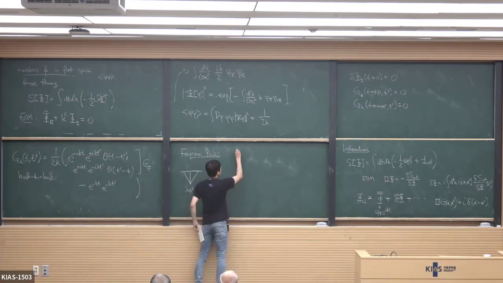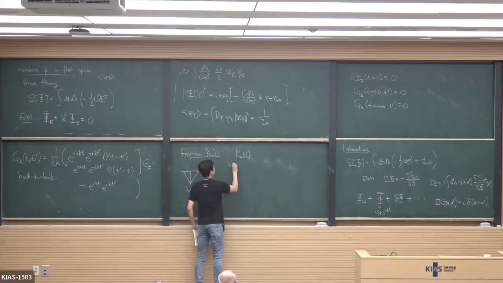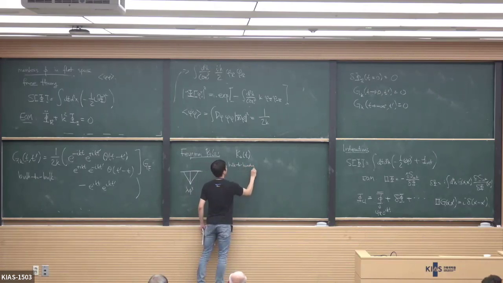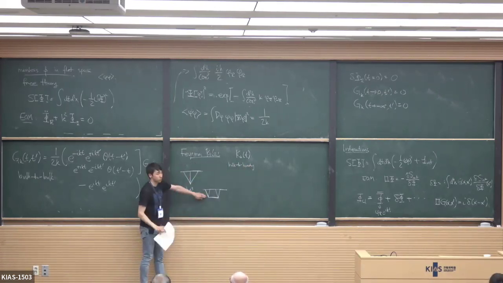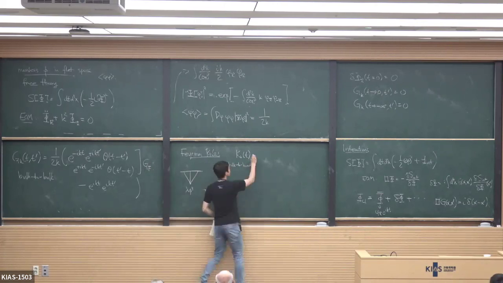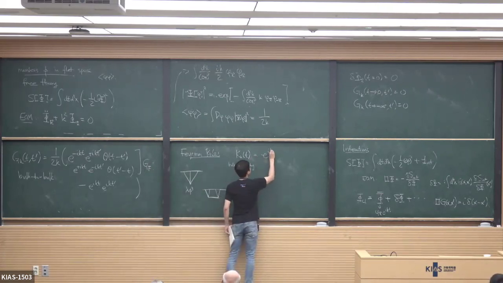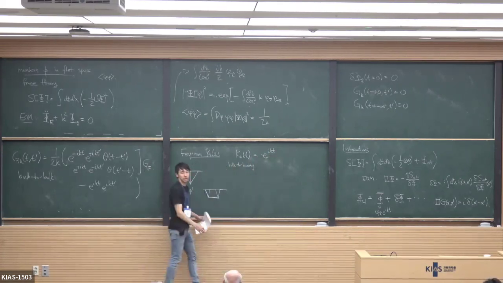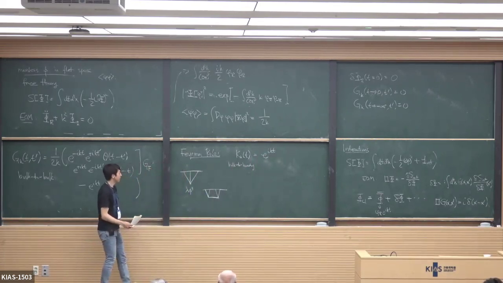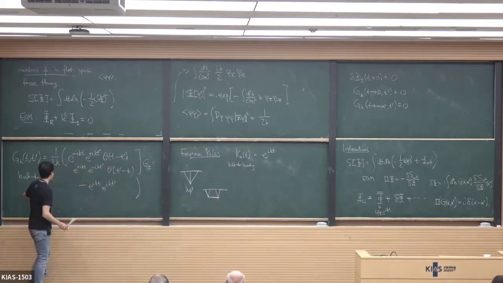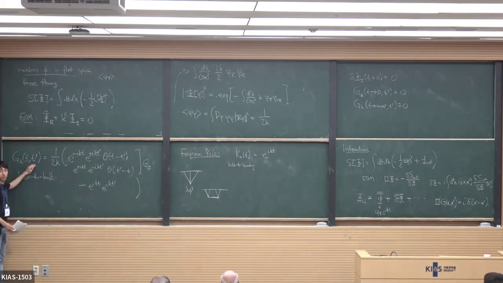So we have two sets of ingredients. There's a propagator called the bulk-to-boundary propagator that we use for the external lines, and this is just given by e to the ikt. And the bulk propagator takes this form.